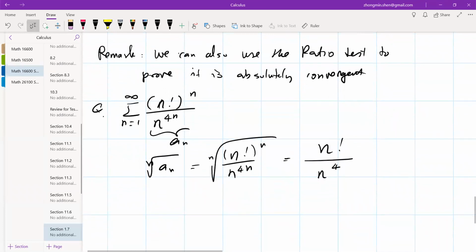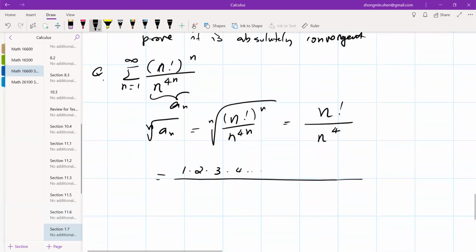So what is the limit of this? I think it is going to go to infinity because n factorial grows much faster than polynomials. But you can also see that using the following argument: 1 times 2 times 3 times 4, and so on. It's harder to check, right? So we have n minus 3, n minus 2, n minus 1, n, over n, n, n, n.